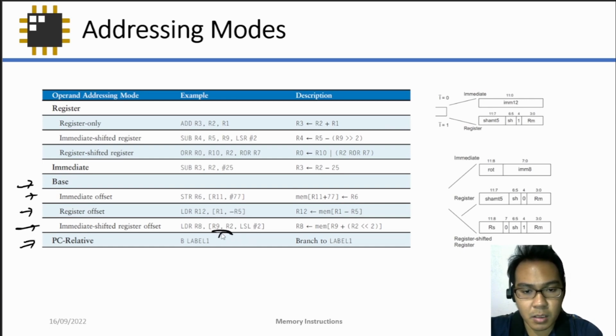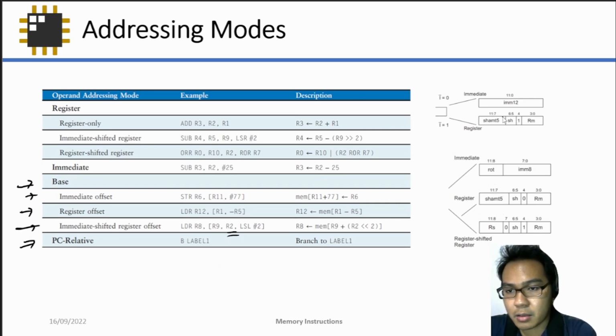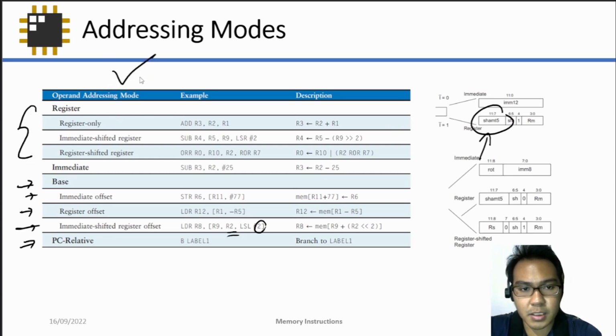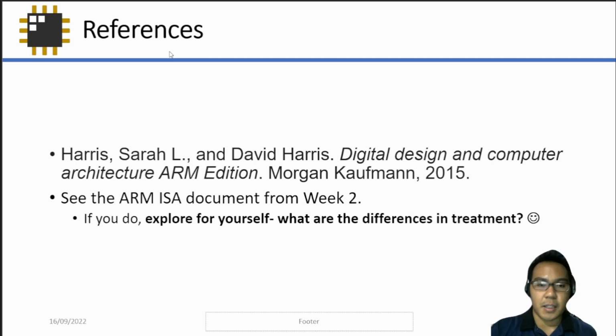We didn't exactly cover this, but you can probably think of how this works because you have a shamt right here. This is for memory instructions. Basically, this just becomes a shamt over there. These ones are for data processing instructions. Okay, see you in the next lecture.